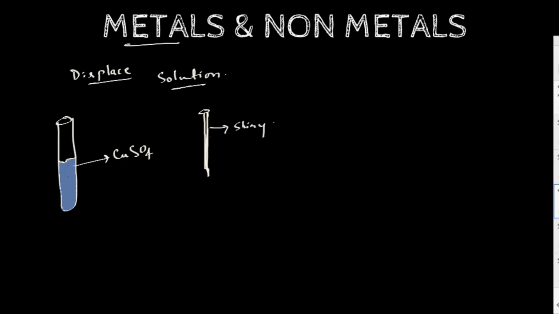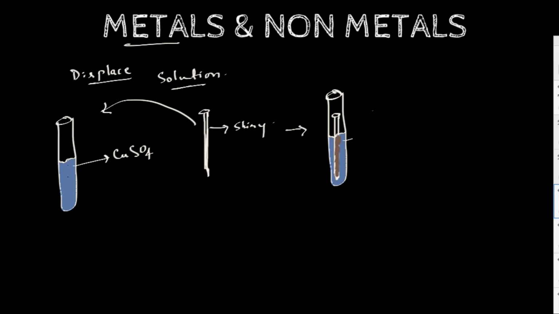When you dip that nail inside the copper sulfate solution, leave it for some hours and then observe: the part of the nail which is dipped inside the copper sulfate solution has now turned brown in color.